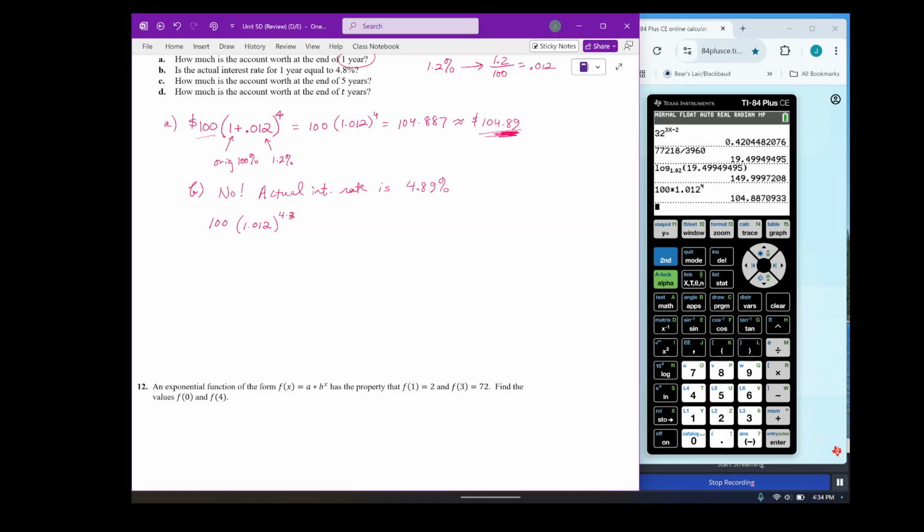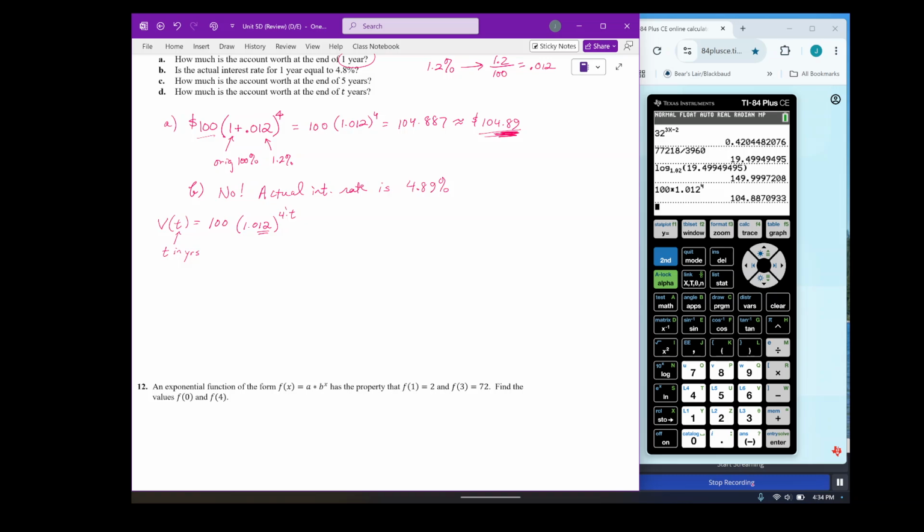For 3 years, it would be 4 times 3. For t years, it would be 4 times t. So this would be the value of the account after t years, right? 4t. Well, this is the quarterly rate.